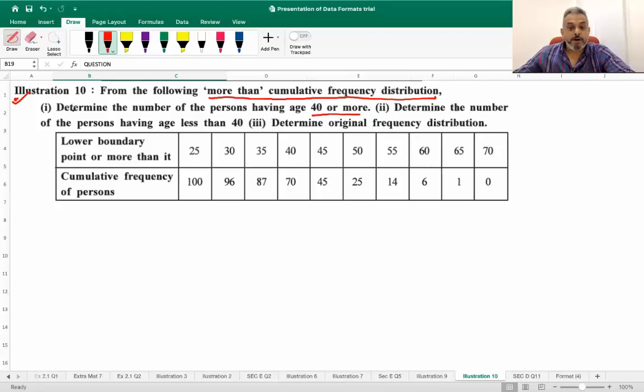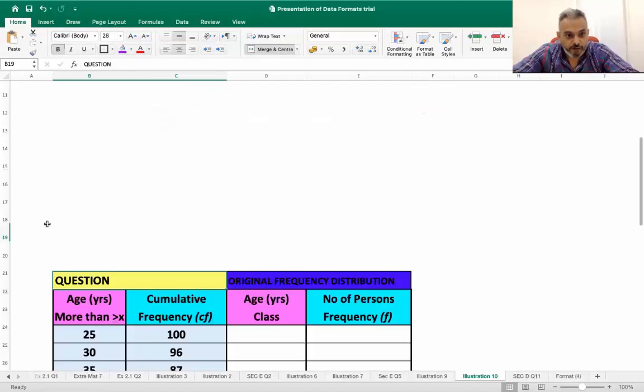Determine the number of persons having age less than 40. Interesting. And determine the original frequency distribution. Now, the lower boundary points are given, with more than. The cumulative frequency is given. The data is given horizontally, so please be extra careful. Now we answer the questions one by one.